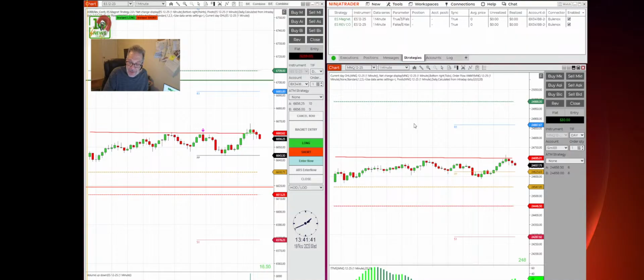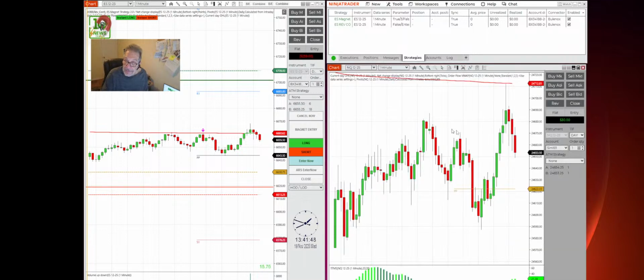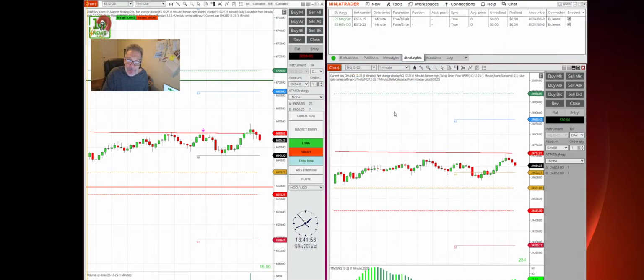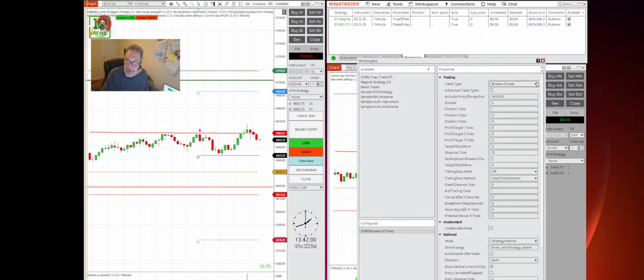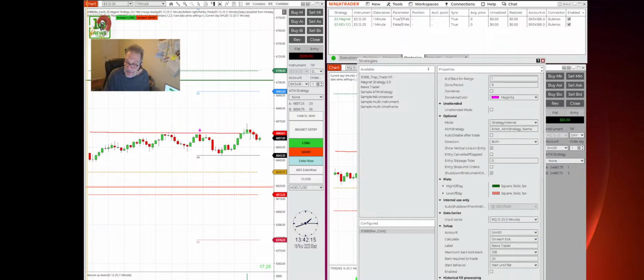I think I'd rather do it on the NQ. First things first, set up a reverse continue on this chart. Double click News Trader, breakout turns to reverse continue, and we'll do a target of 40 and a stop of 40, and that's our reverse continue.